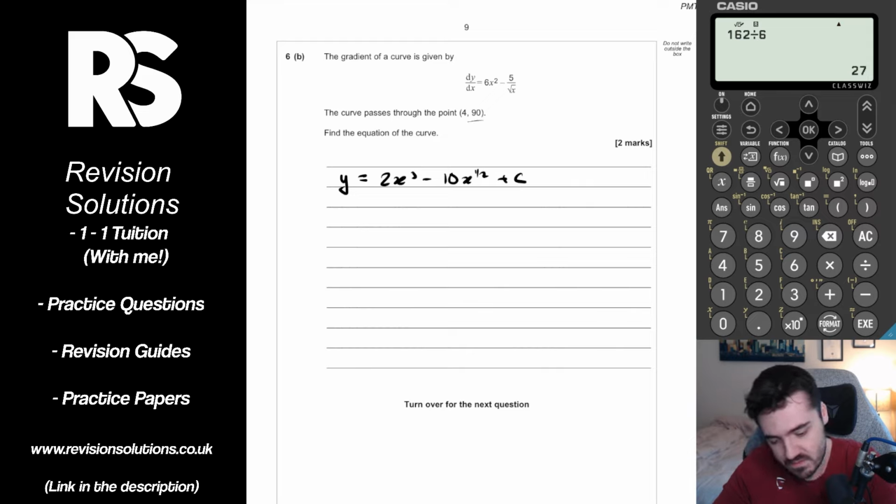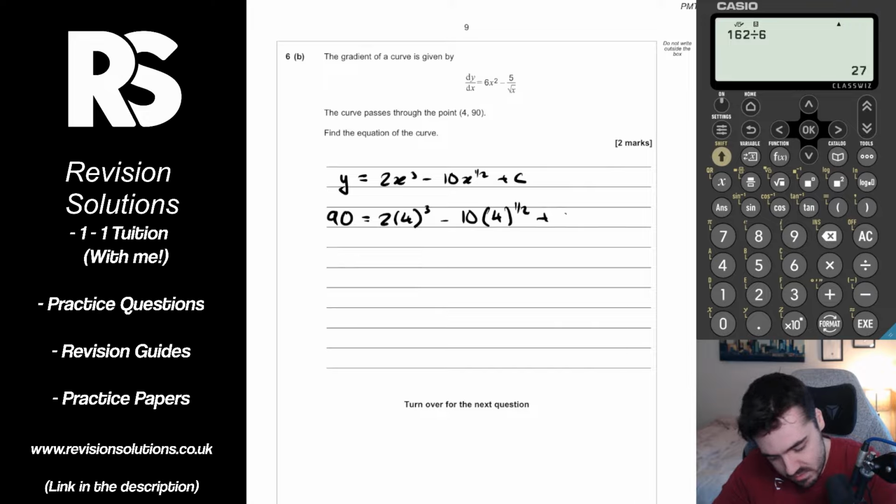So 90 equals 2 lots of 4 cubed, minus 10 lots of 4 to the power of a half, plus c. So 4 cubed is 64, times that by 2, 128, so 90 equals 128 minus 20 plus c.